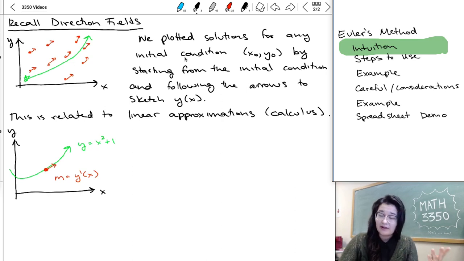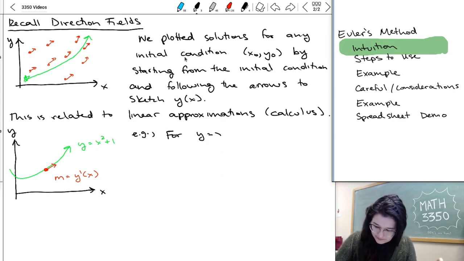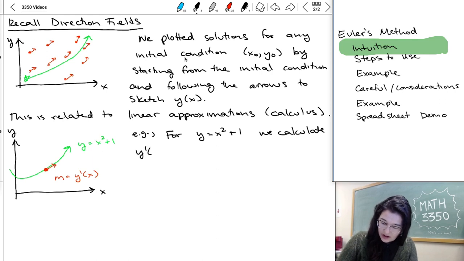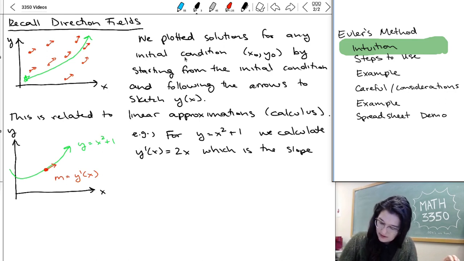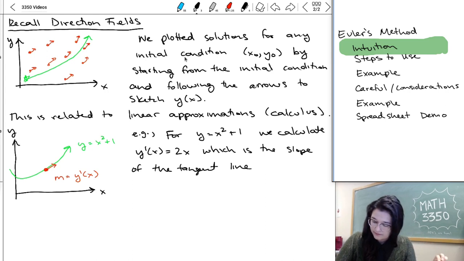So in your calculus case, for y equals x squared plus 1, we calculate y prime of x equal to 2x, which is the slope of the tangent line to the curve y of x.